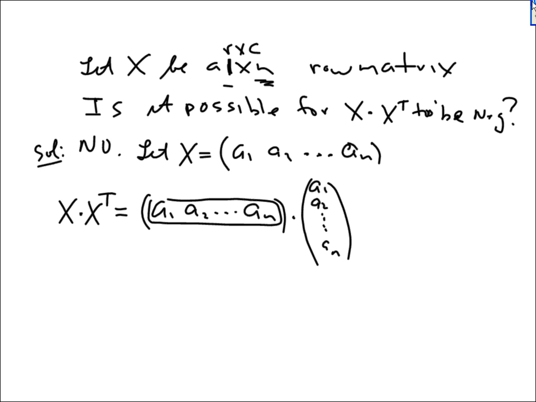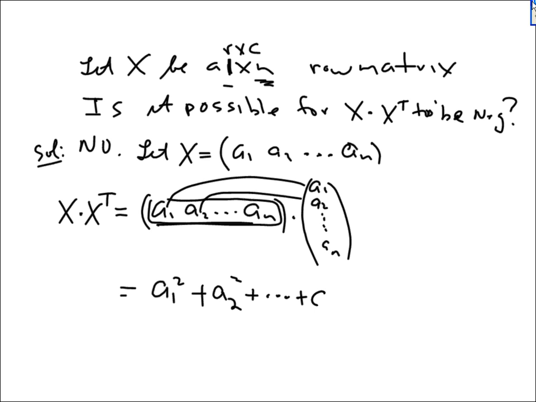There is no second row of matrix X to write as the second column of X transpose. So I get A1 squared, because A1 times A1 is A1 squared, plus A2 times A2, which is A2 squared, plus A3 times A3, all the way up to AN times AN.